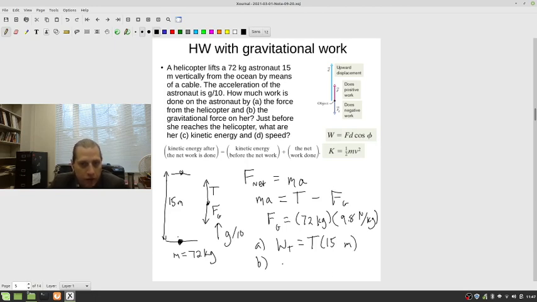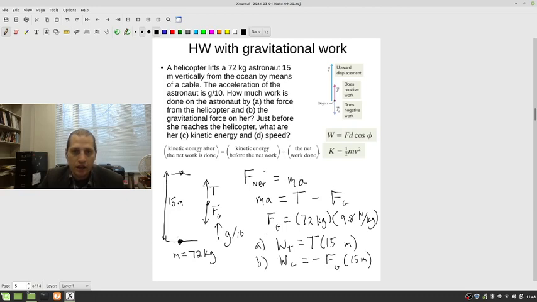On the other hand, the work done by the gravitational force is going to be minus the force of gravity times 15 meters. Why minus? It's because you have that cosine of phi, and the gravitational force is pulling at an angle of 180 degrees from the direction where she's going. Another way to look at it is that the force is negative because it's pulling her down. It's going opposite the direction of her motion.